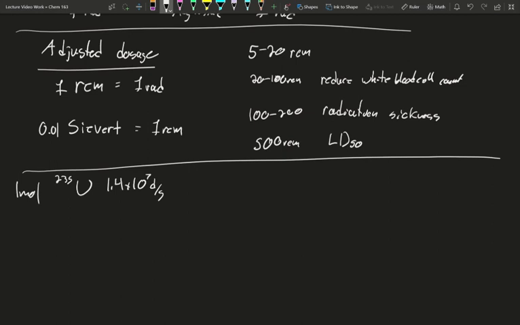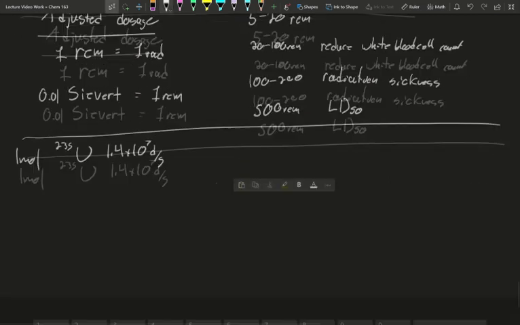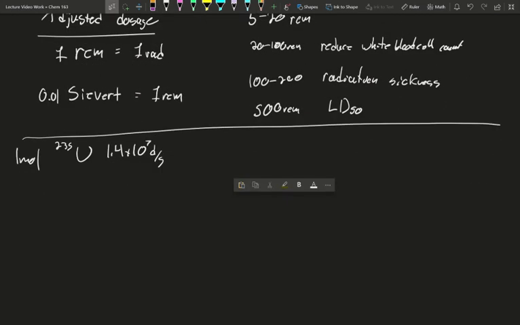Let's take a look at that in terms of the amount of radiation. We need to know the energy of a single decay, and for uranium-235, that is approximately 3.2 times 10 to the minus 11 joules per decay. That's its average decay energy.